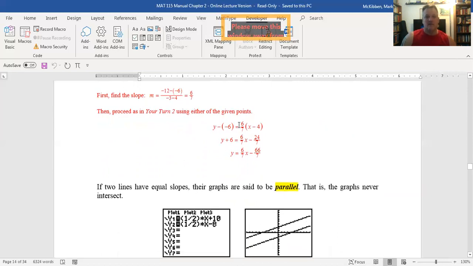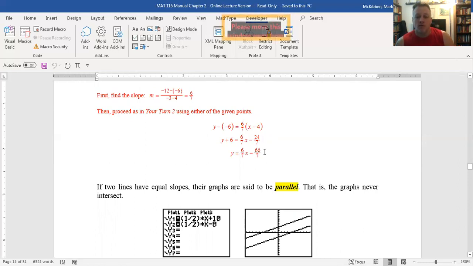Distribute the 6/7 through, and then subtract your 6 to get the slope-intercept form. Okay. So if you have 2 points on a line, a point and a slope, a y-intercept and a slope, given all those different ways of describing a line, you can find the equation.